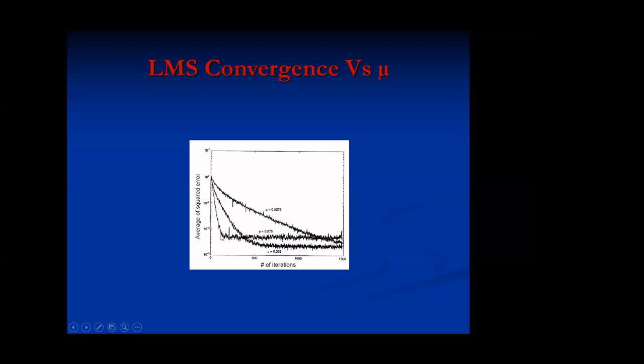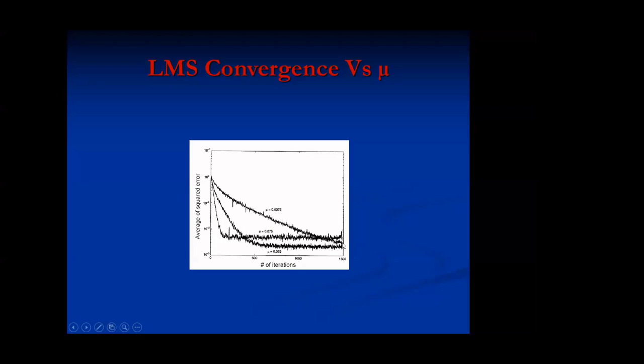So highest value means fast convergence. This is converging fast. But finally, it has to come to 0, but it is not coming to 0. It's oscillating at some value, so this much error will be there. This is called steady state error. So the advantage of choosing this larger value of mu is it will converge fast, but the drawback is the steady state error will be more.